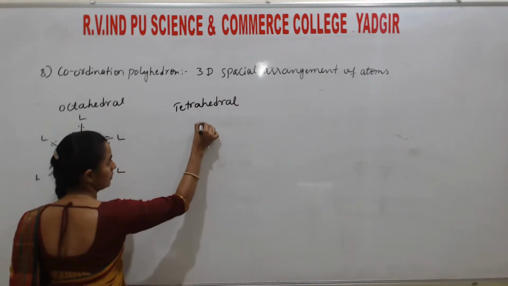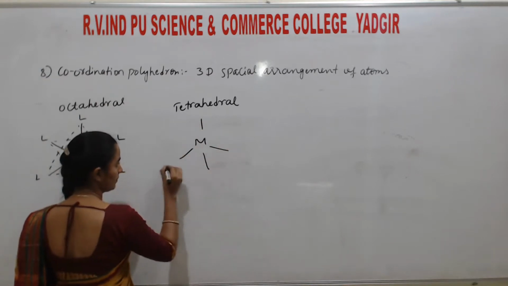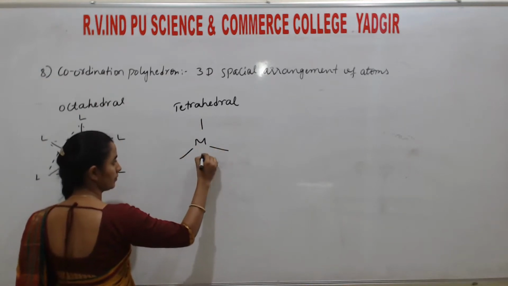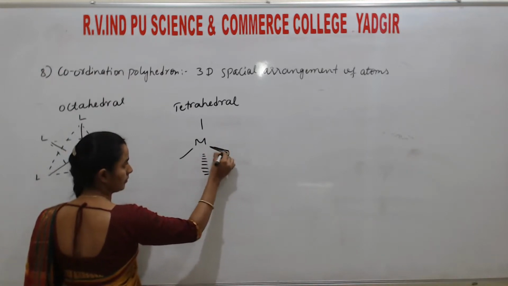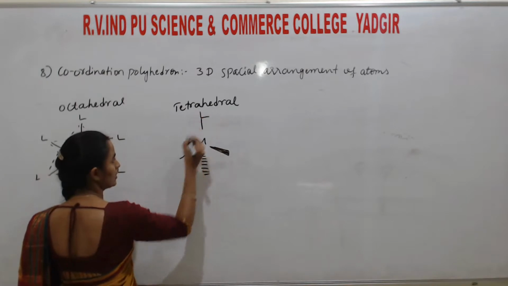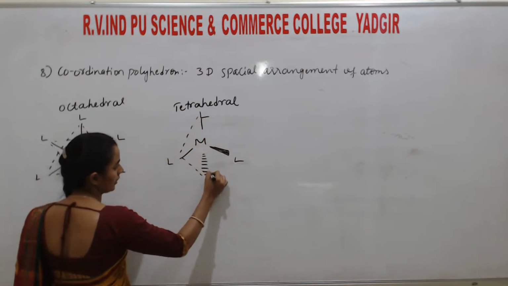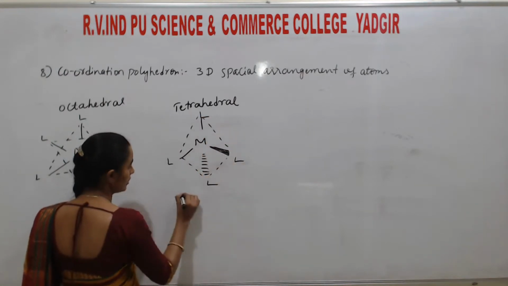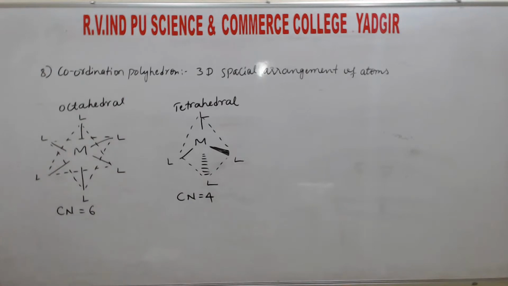So M, this is L, and L. This is the tetrahedral structure. For this, coordination number is 4.